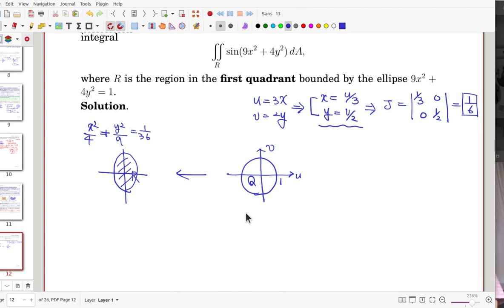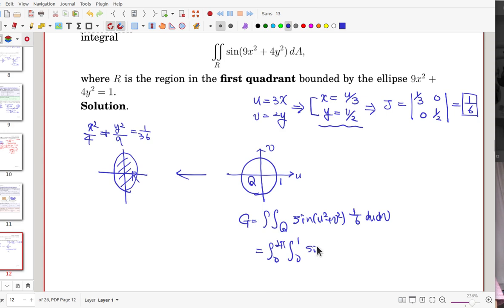Okay, so the given integral is the same as the integral over Q, and we chose 3x and 2y to be u and v, so that is the same as sine of u squared plus v squared, right? And then the scaling factor 1/6, we have to put that on here, and du dv, okay? It's a polar region. Angle is from 0 to 2 pi, and r is from 0 to 1.